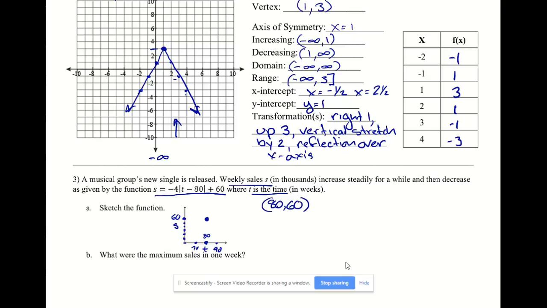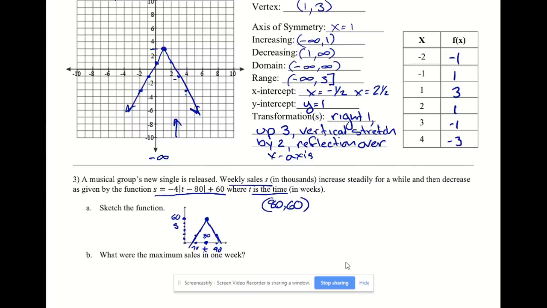So if we go 10 to the right, it's going to go down 40. So if we go to 90, it's going to drop all the way down to 20. We can put a dot there, leverage our axis of symmetry to put another dot at 70, 20. And there's our graph.